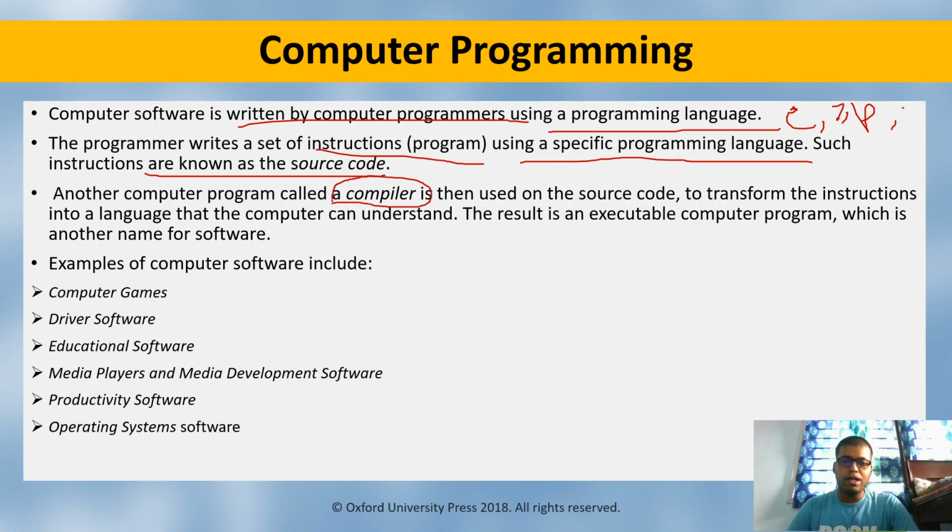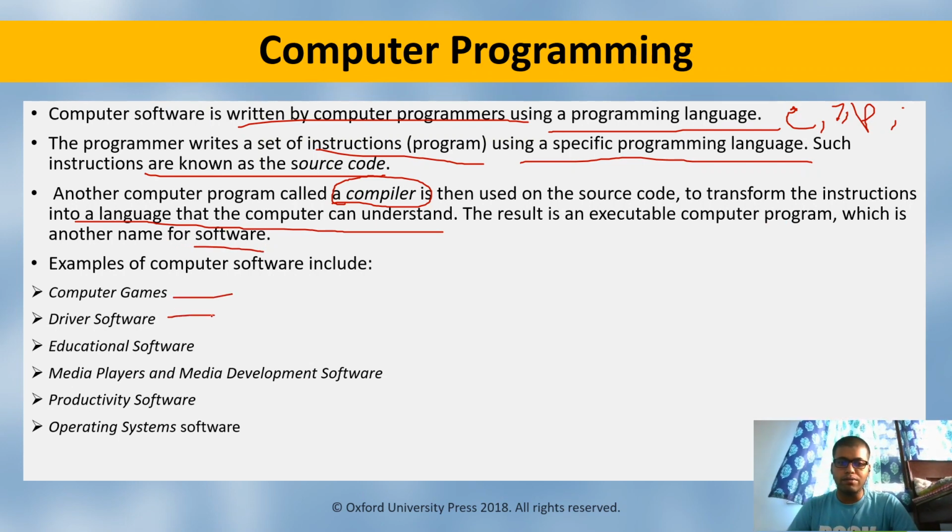Now, one part of the programming language is known as the compiler, which will take the source code and transform it into a language that the computer can understand. So the result is an executable computer program, which is also called software.